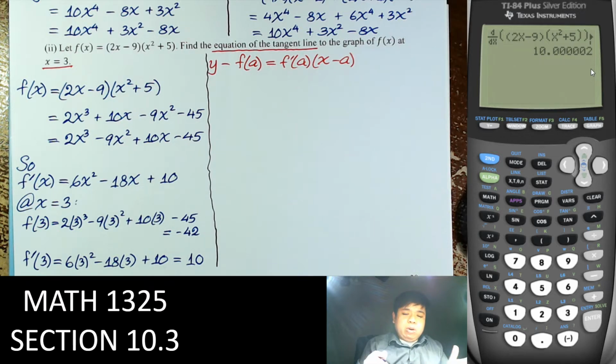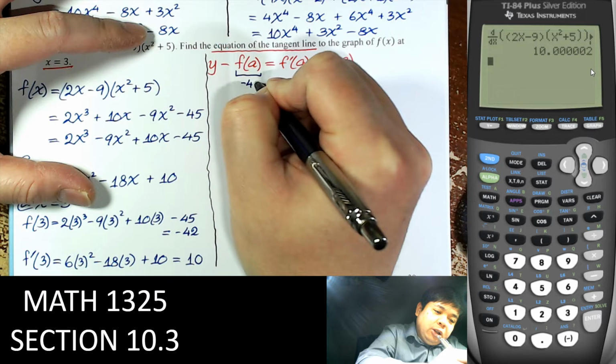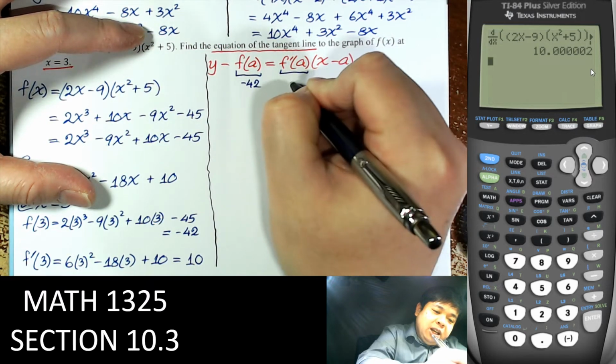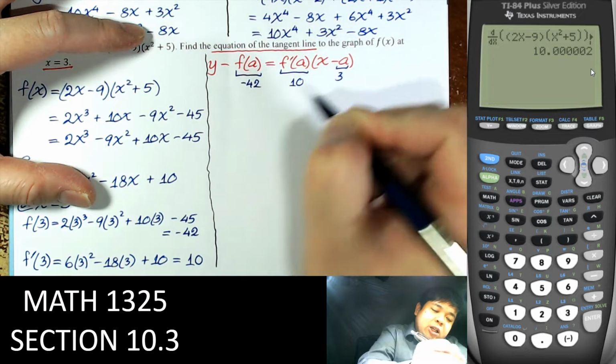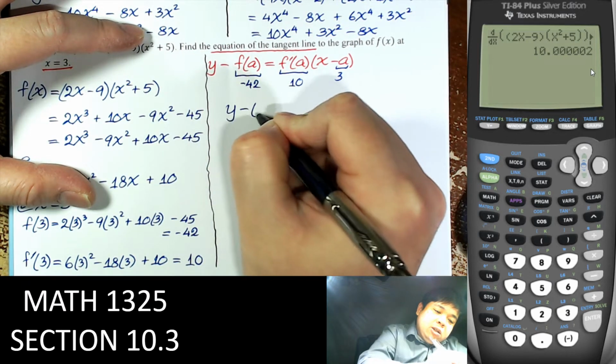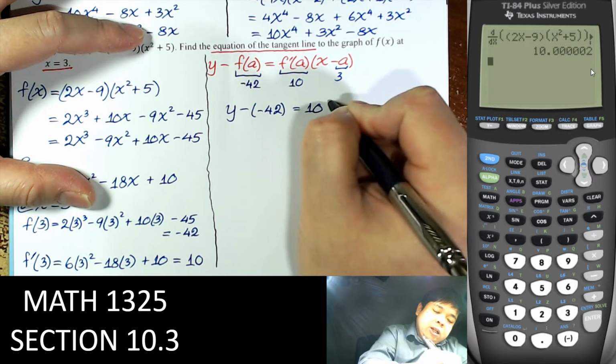Right. Now with that, we can put the values in: the value of the function is negative 42, the derivative is 10, and a of course is 3. So we have y minus negative 42 equal to 10 times x minus 3.